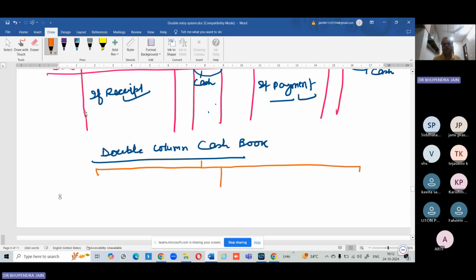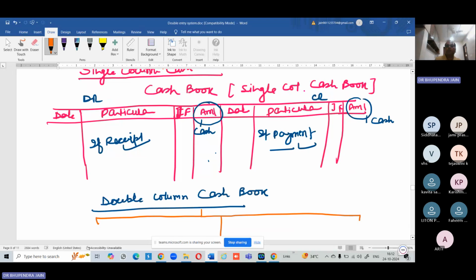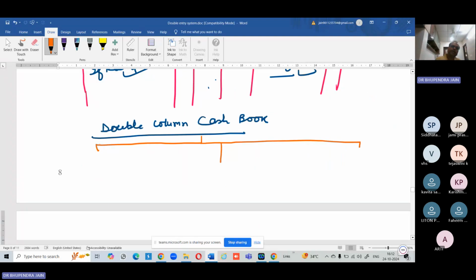In the single column cash book, there is only one column of amount, so that's why it is single column. In the double column cash book, on the amount side, we will record two types of transactions. Double column cash book is further divided into three categories. In the first category, one column is cash and another column is discount.